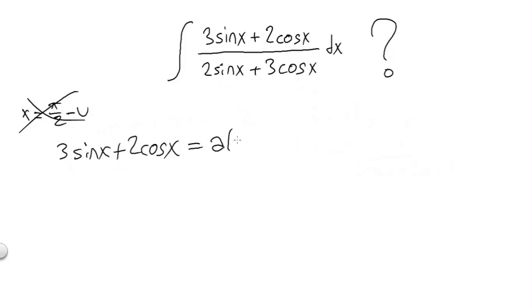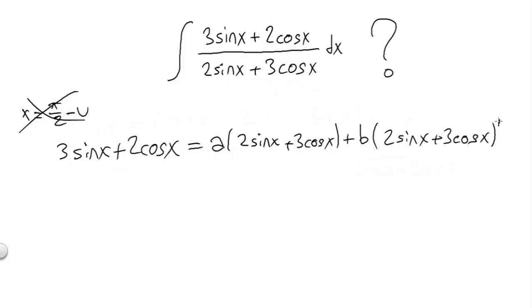I will choose a, and write this thing, and then I'm going to choose another constant b, with the same thing, but this time I will take its derivative, and we will see why it's going to be helpful. 3 cosine x. Now we will see, are there such constants?